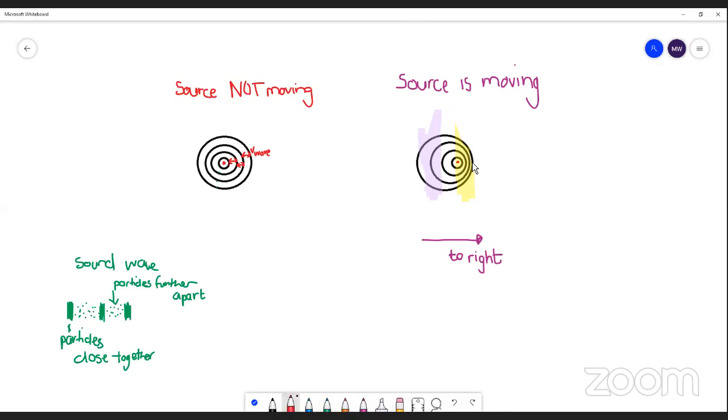Imagine that there is a guy standing over here, and there is a guy standing, whoops, over here. Let's say this is person 1, and this is person 2. And we say the same for the non-moving source: person 1 and person 2.